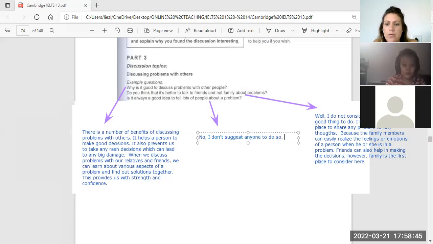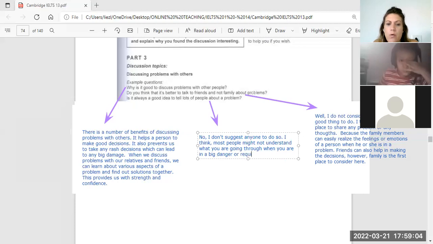I think most people might not understand what you are going through when you are in a big danger or require the best suggestion about a matter.